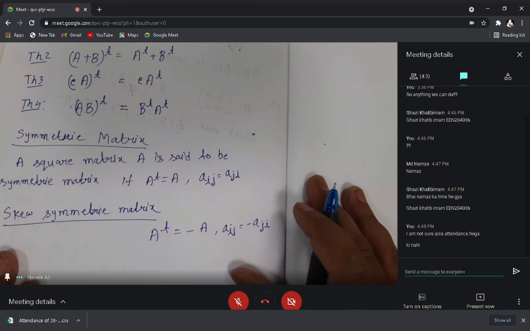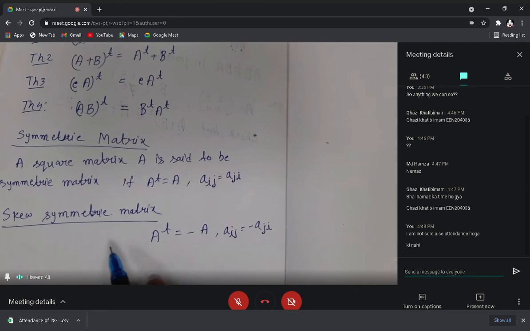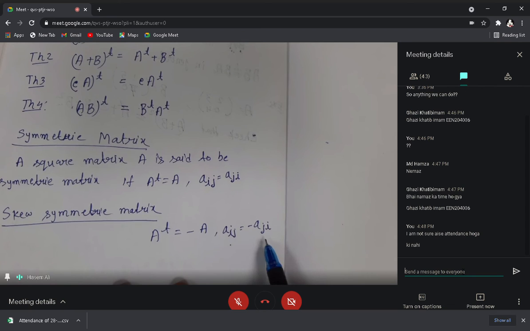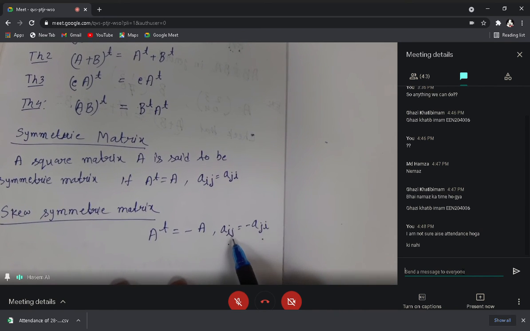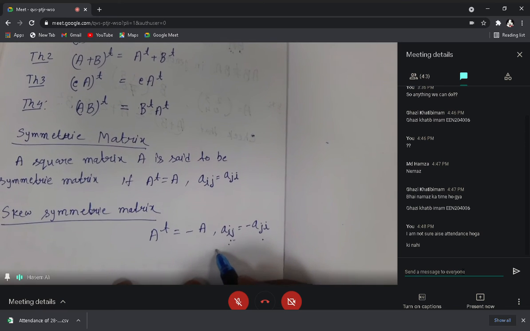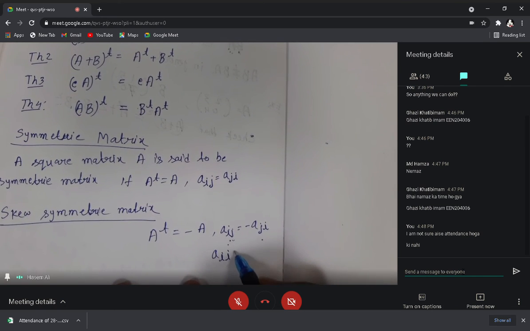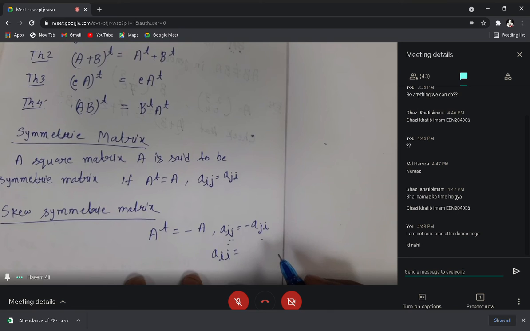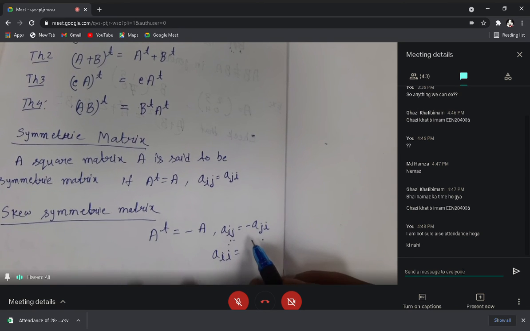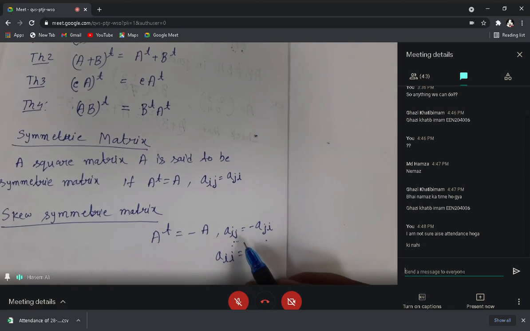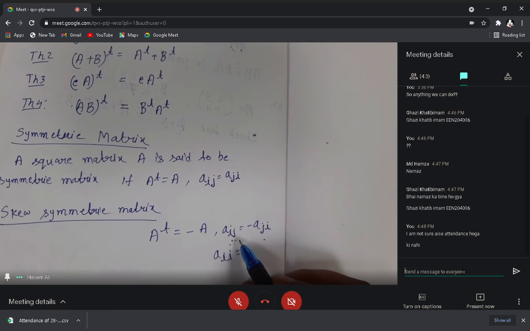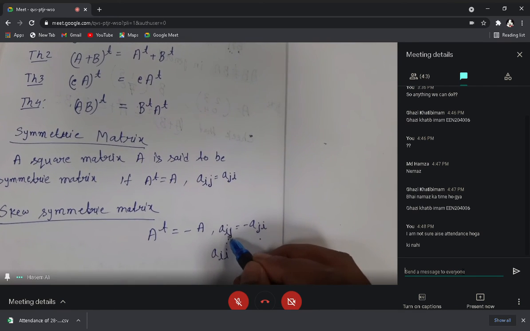Okay. So in skew-symmetric matrices, Aij equals minus Aji. So for the diagonal case, what does diagonal mean? In the diagonal case, i equals j.